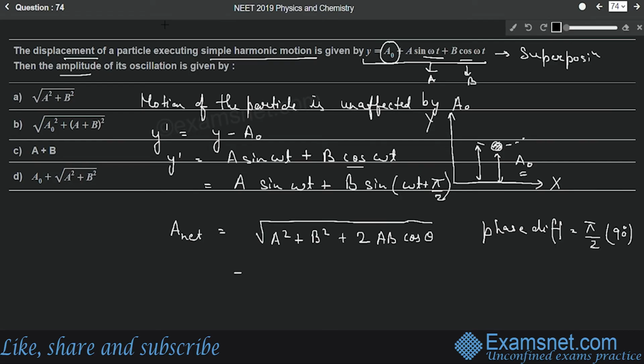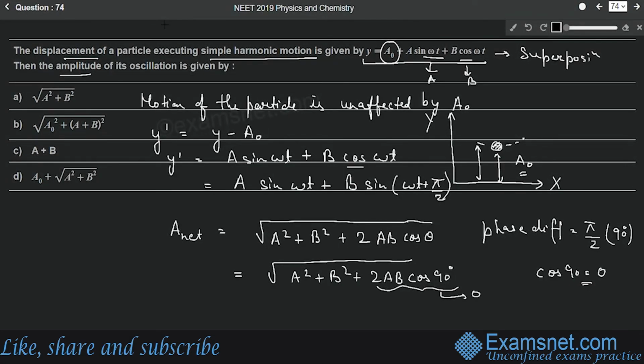Now here we have under root a square plus b square plus 2ab cos 90 degrees. Cos 90 degrees is 0, so this term will become 0. So what will be left here? Under root a square plus b square only. So the correct option will be option number A.